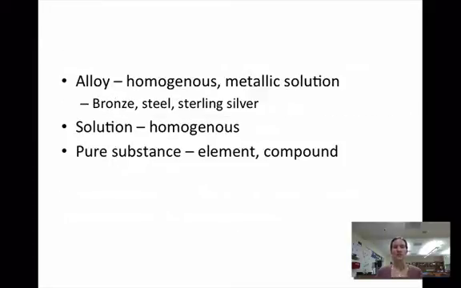Just like you can further classify mixtures into homogeneous and heterogeneous, there are other words we can use to classify matter. One word is an alloy. An alloy is a very specific type of mixture. It is a homogeneous mixture of metals. Things like bronze, stainless steel, and sterling silver aren't one pure metal. They're not all silver or all copper.